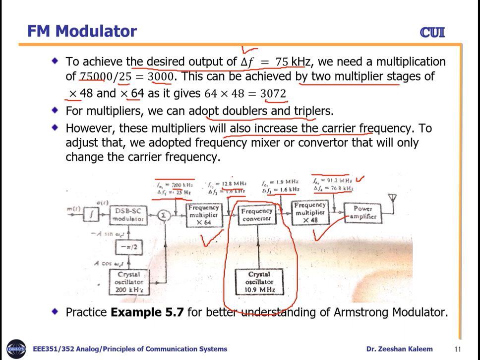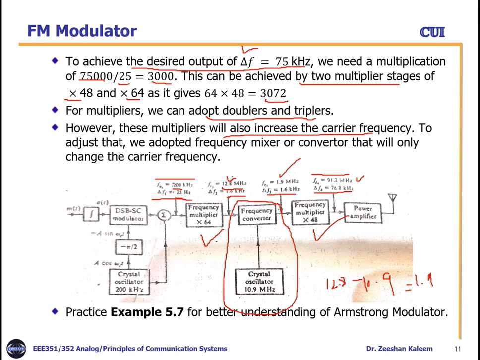However, the carrier frequency is mixed with 10.9 megahertz, so the difference is 12.8 minus 10.9, around 1.9 megahertz. When we pass it to the multiplier of 48, it generates around 91.2 megahertz, our desired frequency, and delta f is around 76.8 kilohertz, while our desired one is 75.